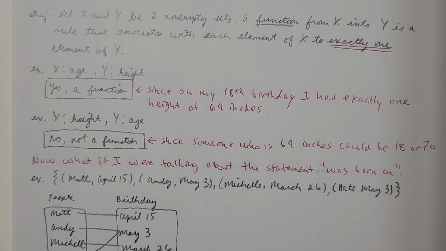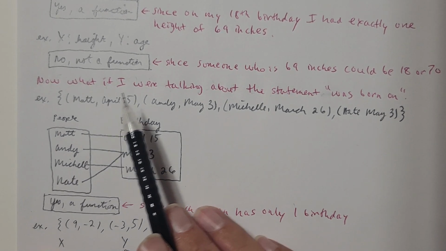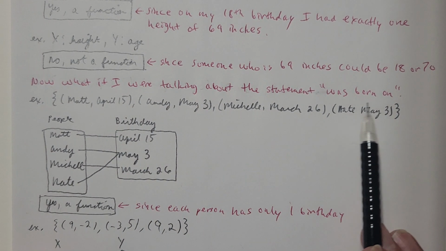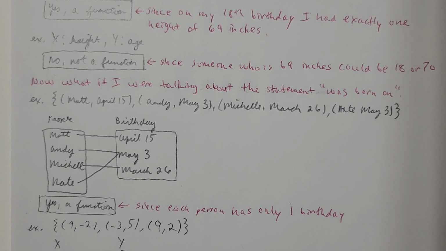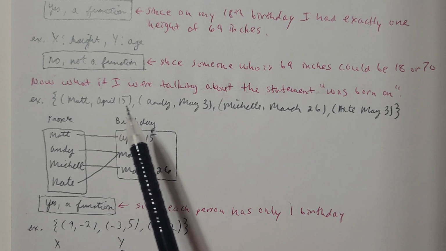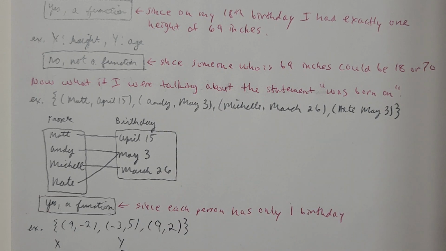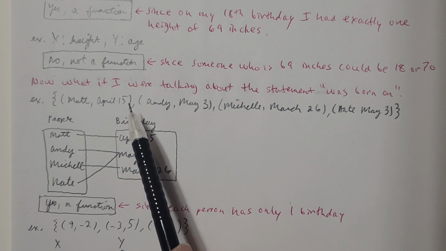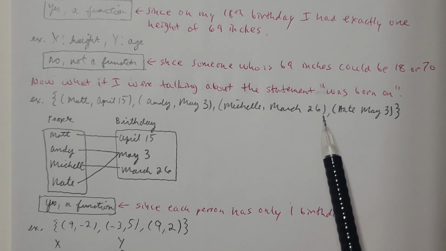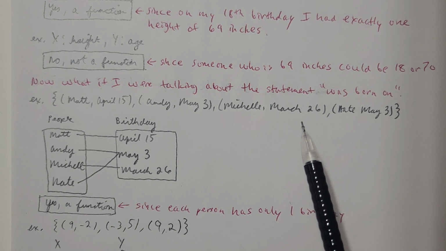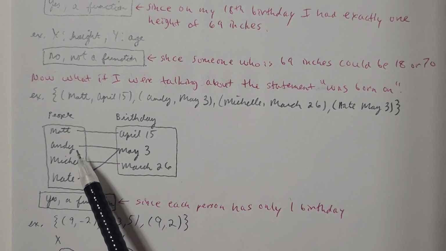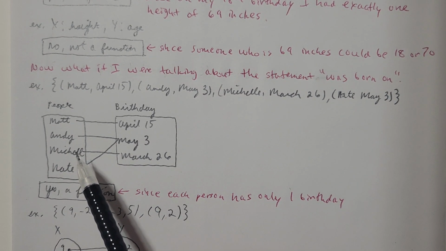Now here's another example. So what if the statement was "born on"? Okay, I've got a set of points, and I've just made up some names and some dates where these people are born on, we'll say. Here's a picture representing what's going on.